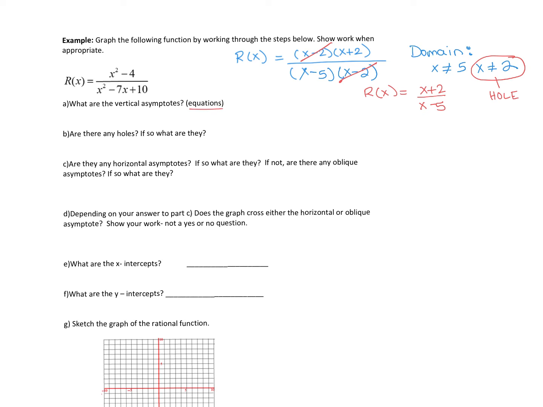So we don't want to say what are the vertical asymptotes? 5. We want to say x equals 5. And we also know that there's a hole at x equals 2, but it would be nice to know what the y value was. So we plug the 2 into this new reduced function. So that will give me 4 over negative 3.